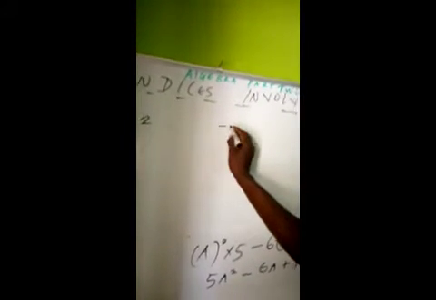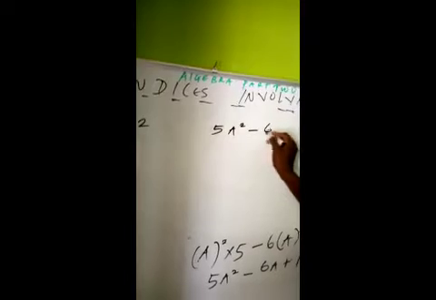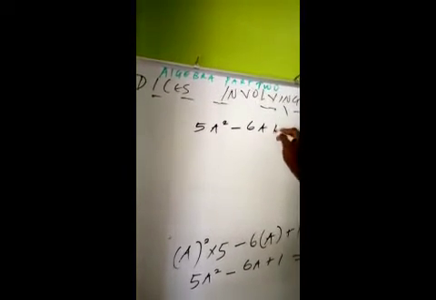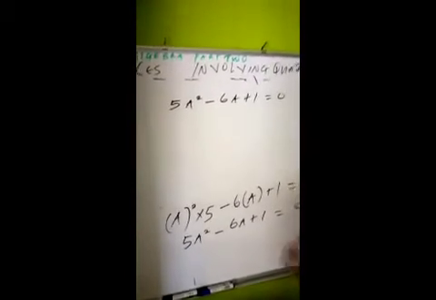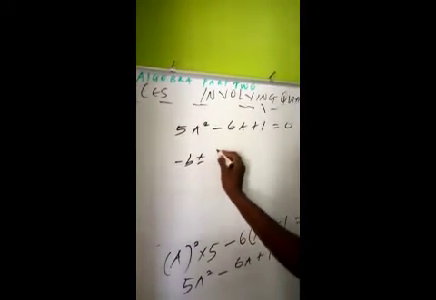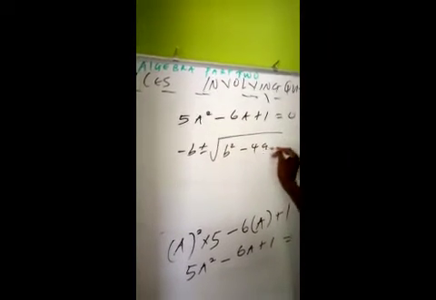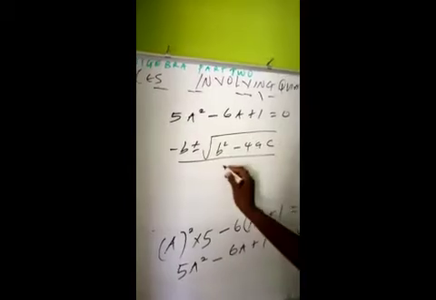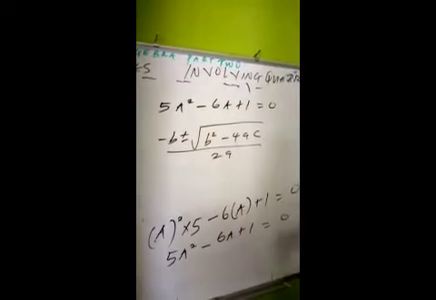So we have 5A square minus 6A plus 1 equal to 0. Then using the quadratic formula, we have minus b plus or minus square root of b square minus 4ac, divided by 2a. So if you use this one, you get the same answer.